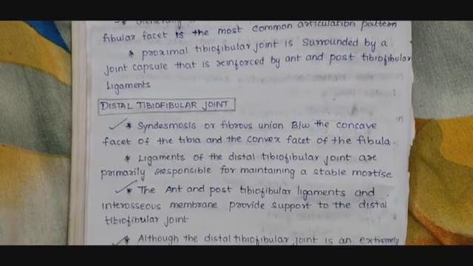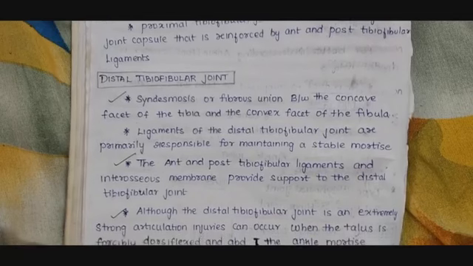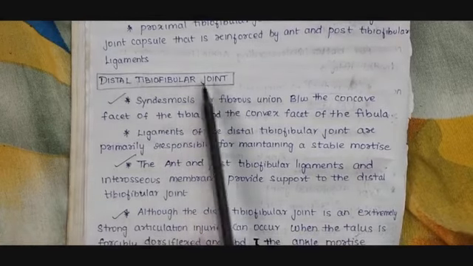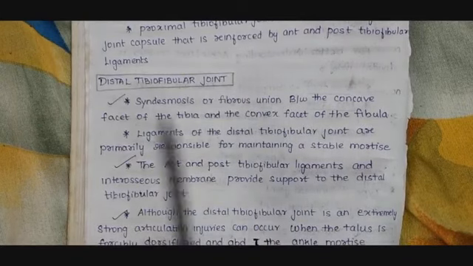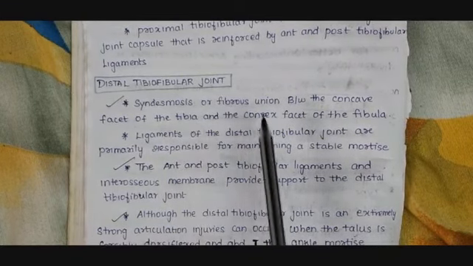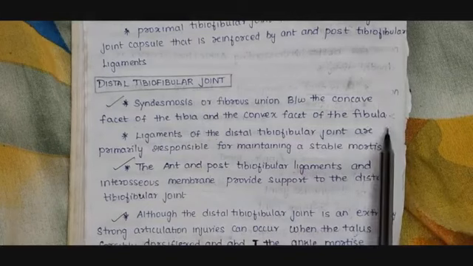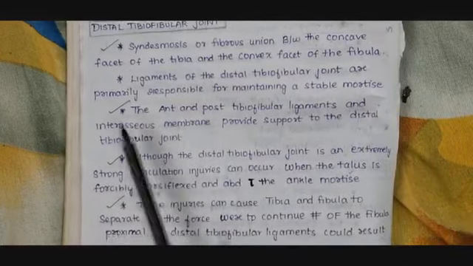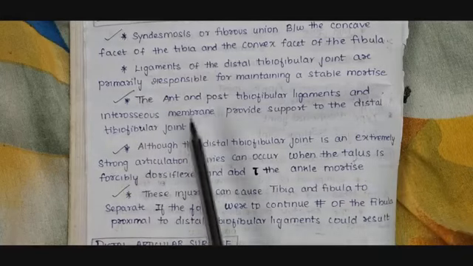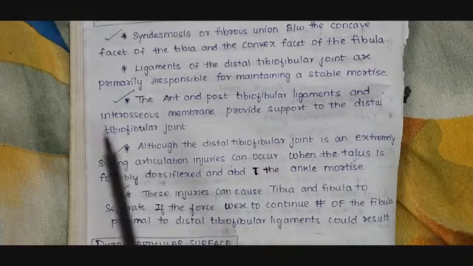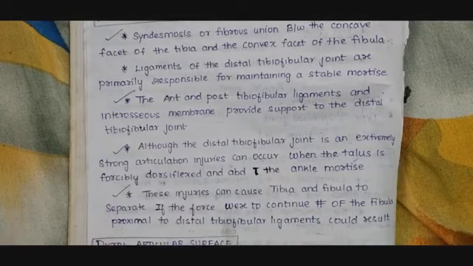Now, let us discuss the distal tibiofibular joint. The distal tibiofibular joint is a syndesmosis or fibrous union between the concave facet of the tibia and the convex facet of the fibula. The anterior and posterior tibiofibular ligaments and the interosseous membrane provide support to the distal tibiofibular joint.